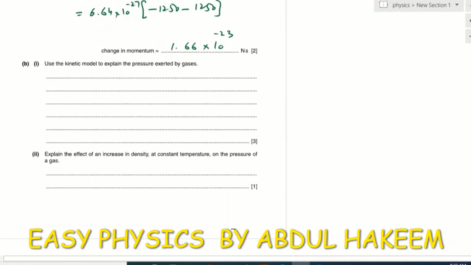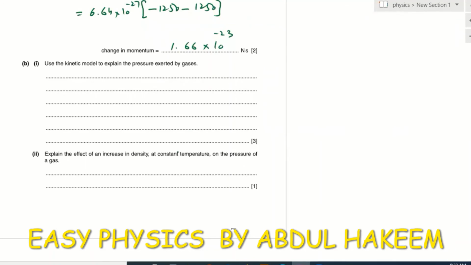Next, explain the effect of an increase in the density at constant temperature on the pressure of the gas. When density increases, it means in the same volume there is more mass, more molecules, or the volume decreases, so the concentration of the molecules increases.